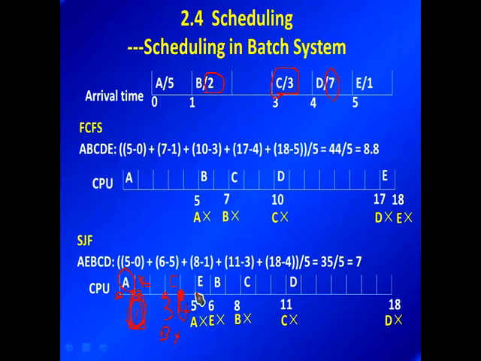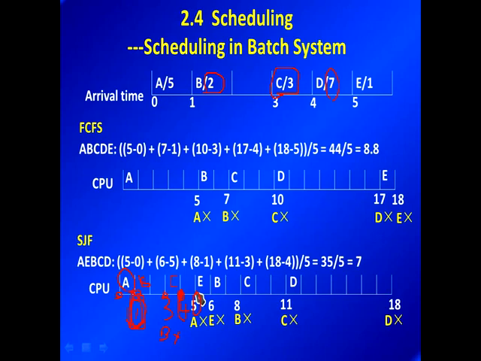And then at time 5, you can see E is coming. E has only 1 minute to run, right? E only needs 1 minute. But at time 5, process C has run 2 minutes, and C needs only 1 more minute.